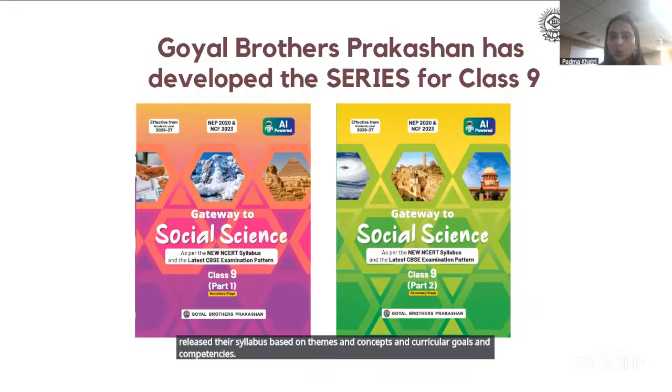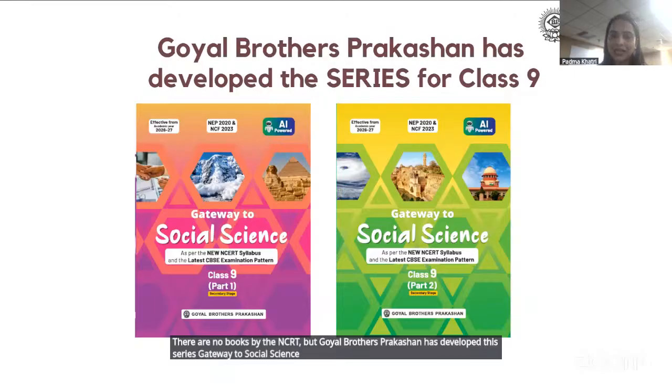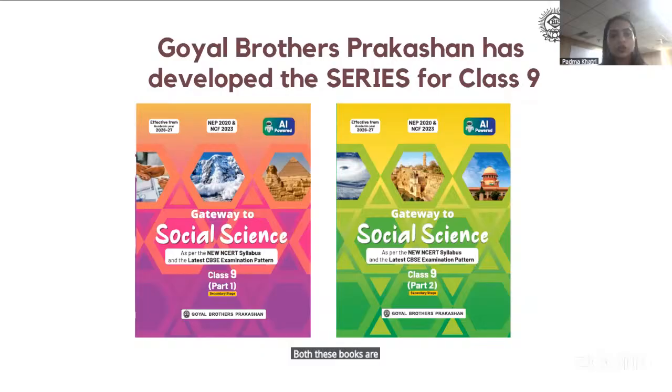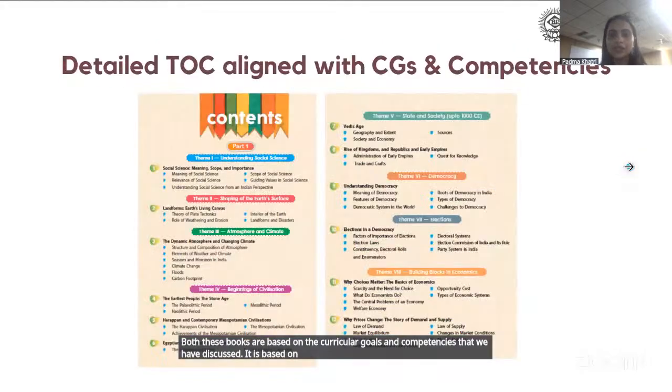There are no books by the NCERT, but Goyal Brothers Prakashan has developed this series, Gateway to Social Science for grade 9. Both the books are there in the market for part 1 and part 2. Both these books are based on the curricular goals and competencies that we have discussed. It is based on themes that we have discussed for part 1.